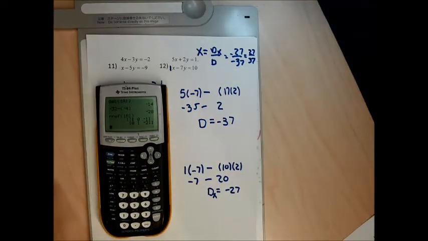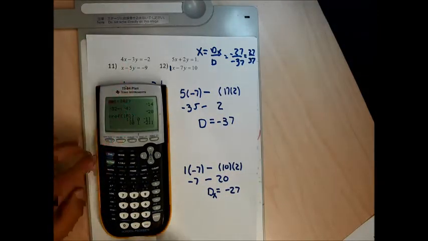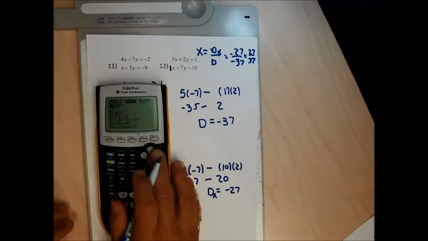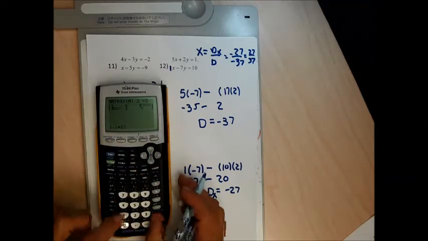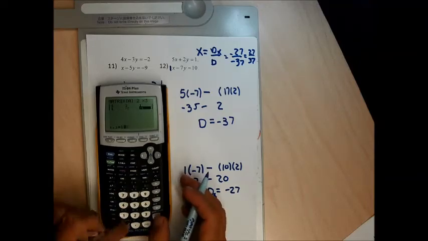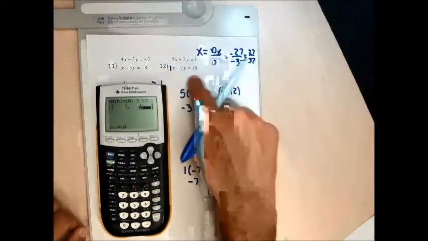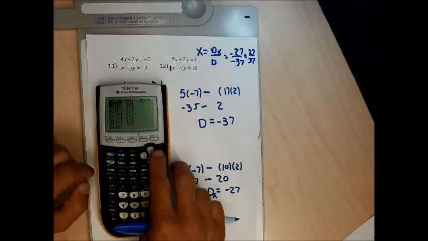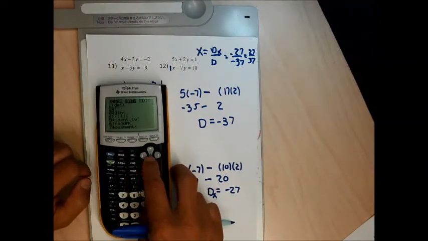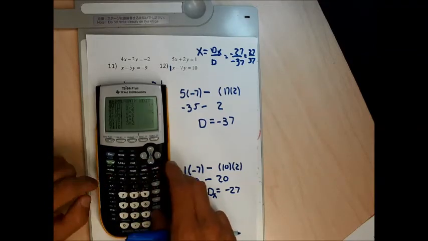So let me check real quickly what the answer is by doing RREF. I'm not comfortable with my arithmetic this morning. I know I can get the answer ahead of time by entering this as a 2 by 3 matrix and doing second matrix, math, RREF, second matrix A, enter.